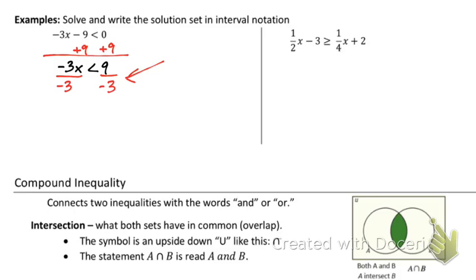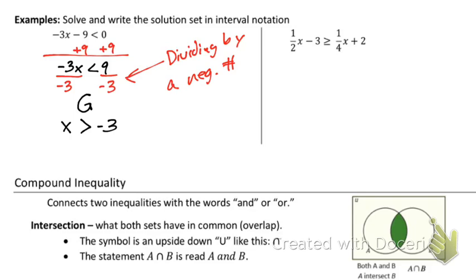So something should jump in your head that says we are dividing by a negative number. Something should just jump in your head and say, hey, that causes something to happen. So yeah, our negative 3 divided by negative 3 is a positive x, but we need to flip that sign to become greater than a negative 3.